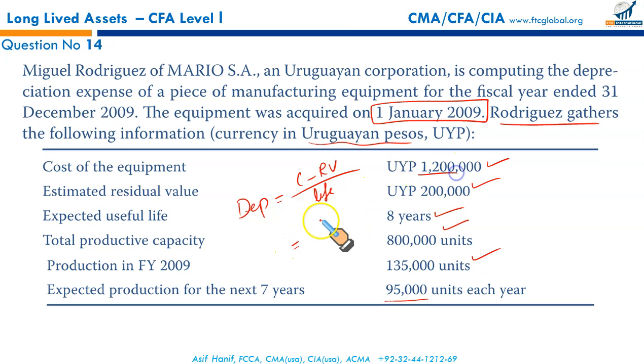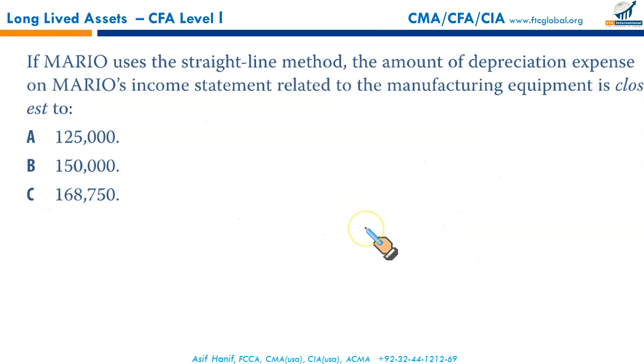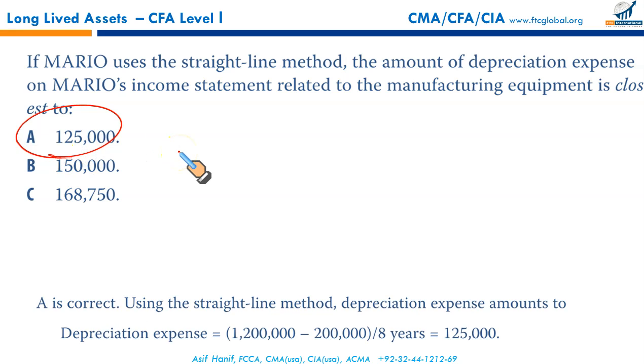Cost is 1.2 million, estimated residual value is 0.2 million, and estimated life is 8 years. So if you calculate 1.2 less 0.2 upon 8, it gives you $125,000 per year. This is the annual depreciation under the straight line method, and it matches option A. A is the right answer.